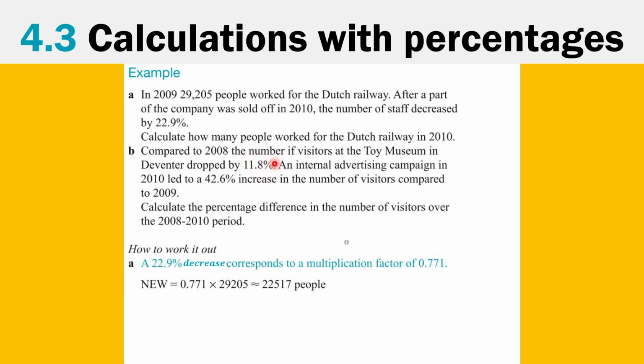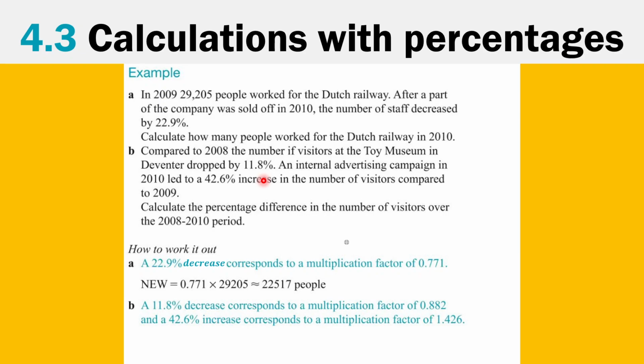If something drops by 11.8%, that's 100 minus 11.8 gives me 88.2. Dividing it by 100 gives me a multiplication factor of 0.882, sorry. That would be 100% in the next year. So if I then get an increase, I would do 100 plus 42.6 gives me 142.6, divided by 100 is a multiplication factor of 1.426.